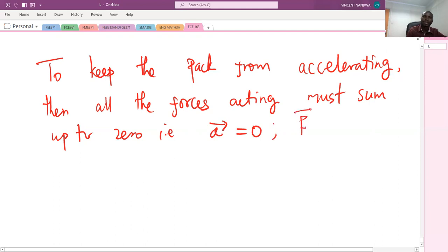And then that should say that the net force is 0. Since force is given by mass times acceleration, when acceleration is 0, then the net force will be 0.